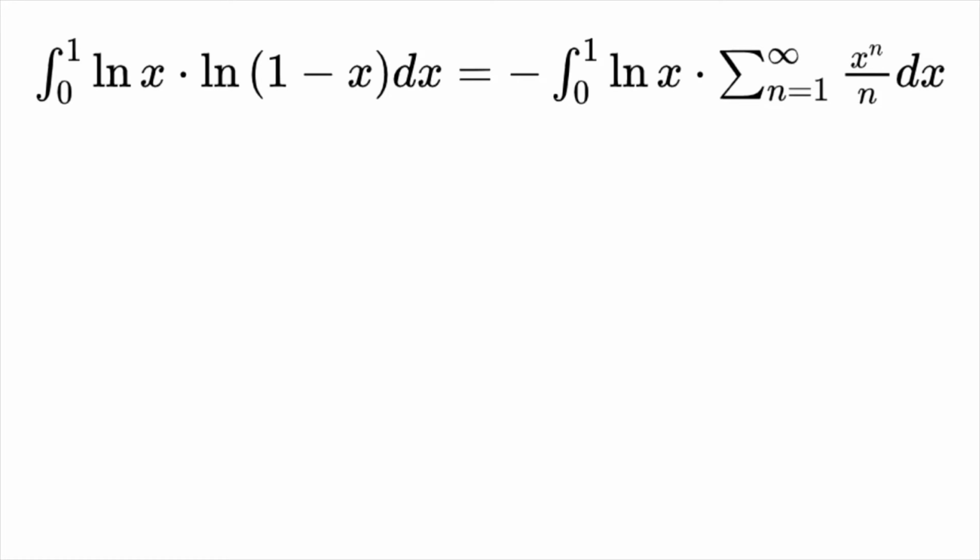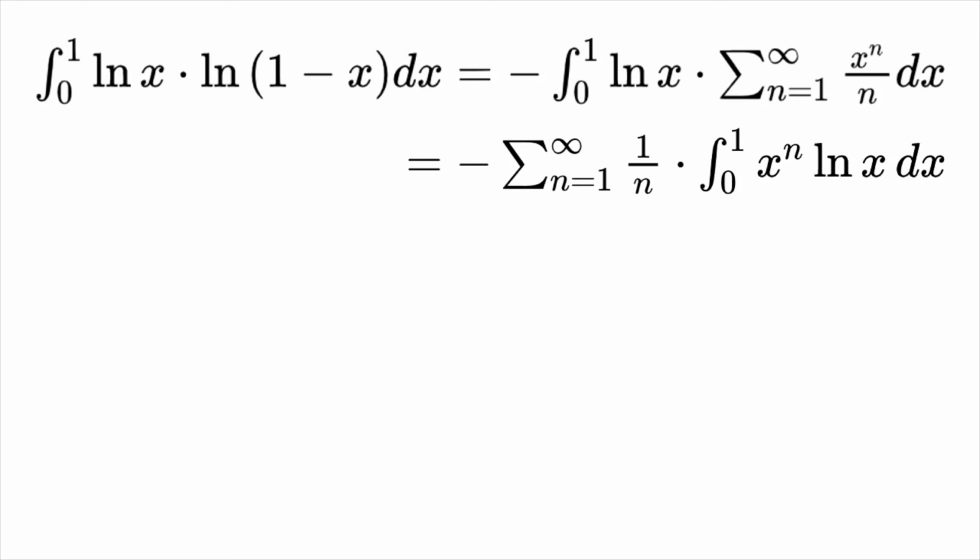Now let's come to the problem. The integration from 0 to 1 of ln x ln of 1 minus x dx, we can write ln of 1 minus x using the series formula, which is minus the integration from 0 to 1 of ln x times the summation n from 1 to infinity of x to the power n divided by n. If we integrate first, then it is minus the summation n from 1 to infinity of 1 by n times the integration from 0 to 1 of x to the power n ln x dx.